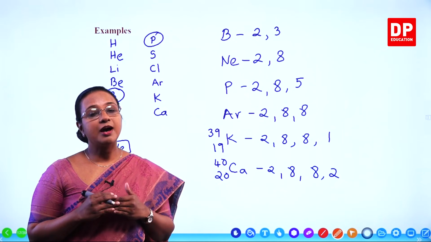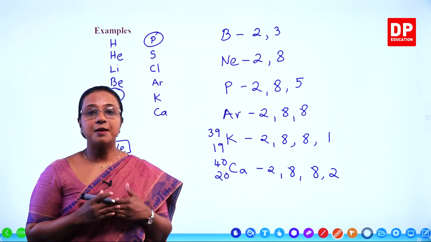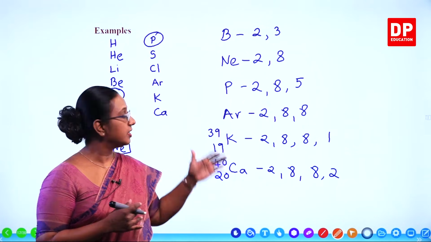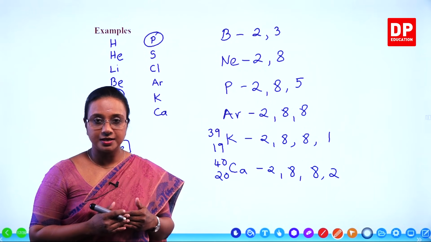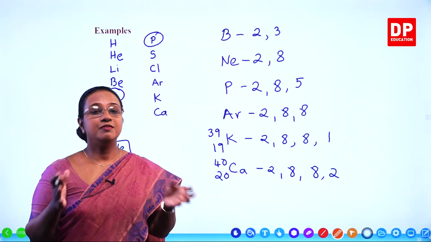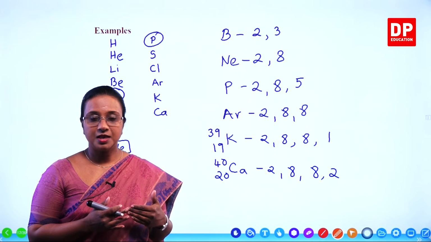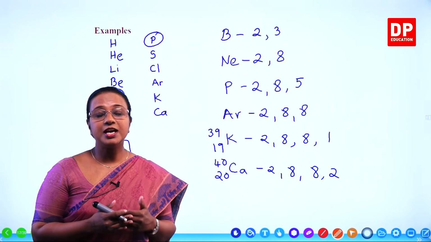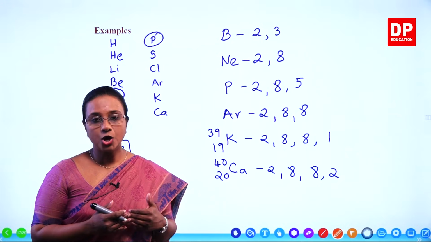So now you have a good idea that different elements are made up of different atoms because they have different number of subatomic particles. But there are a lot of elements in nature. We need to have a way of classifying them. Therefore, we will be looking at the classification of elements, that is the modern periodic table.